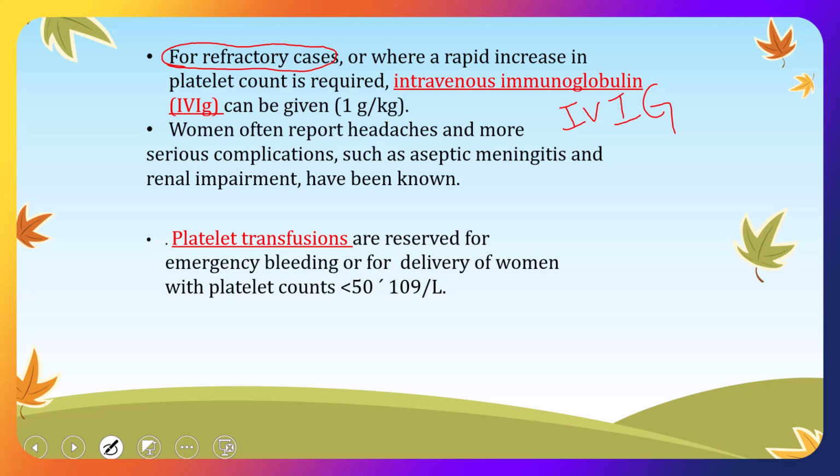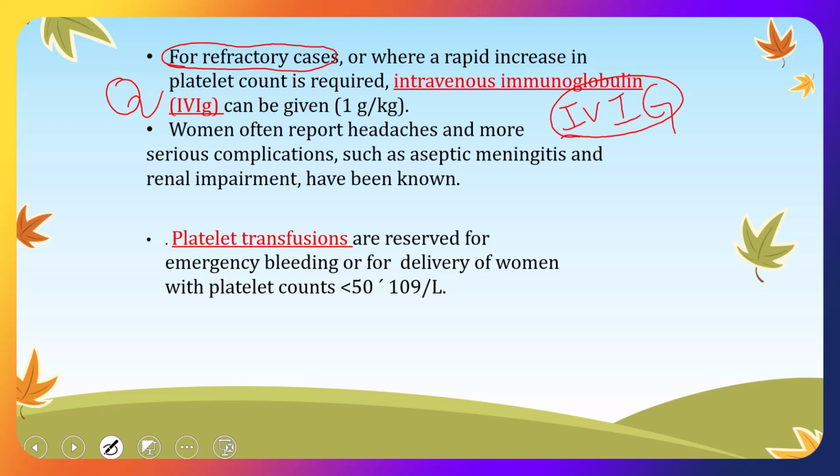So this is a very important exam question. You can be given a scenario that the patient is taking steroid but the level of platelets is still not rising, not responding to any dose of steroid, then in that case you have to give the answer in the form of IV immunoglobulin.